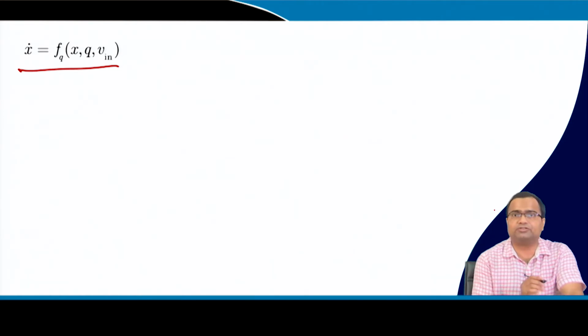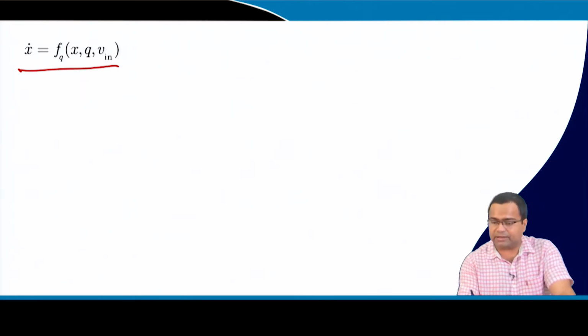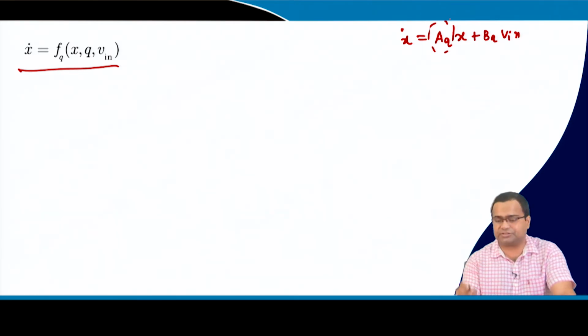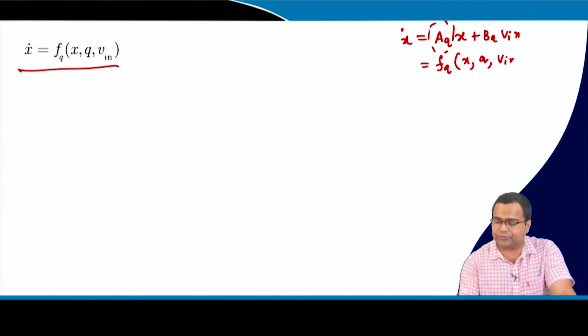So, this is a function of this. Okay. That means again we write X dot equal to AQX plus BQ V in. Since this matrix has a Q function, so we can get X Q V.